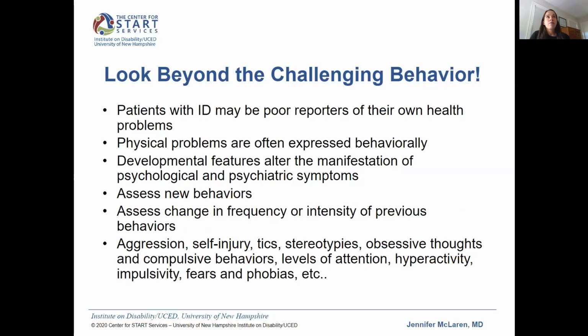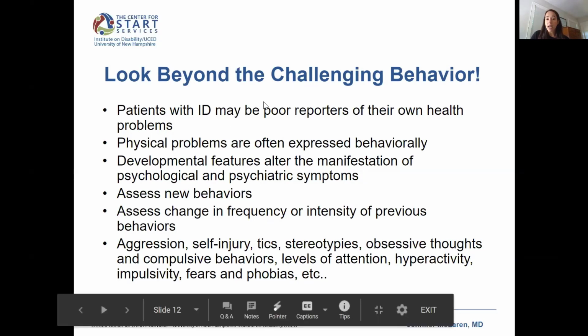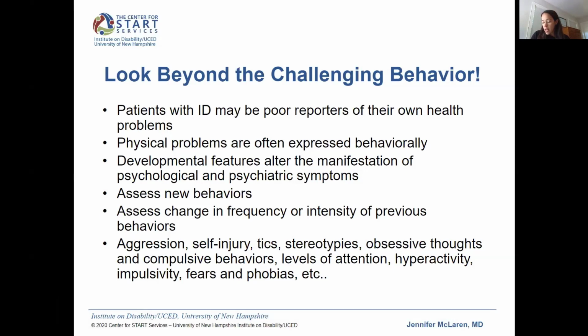So if you read the literature, there's a common phrase that patients with ID may be poor reporters of their own health problems. And there's lots of data to support that, but I want to reframe that for you. I think Joni, when we had a conversation about this conference, made me reflect on that statement. And yesterday she said something as well that made me reflect on it.